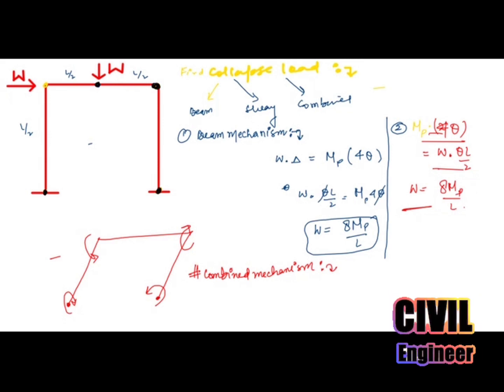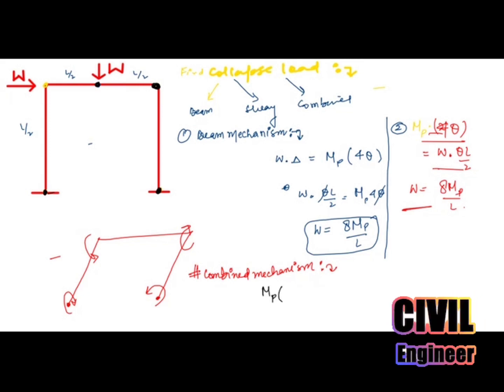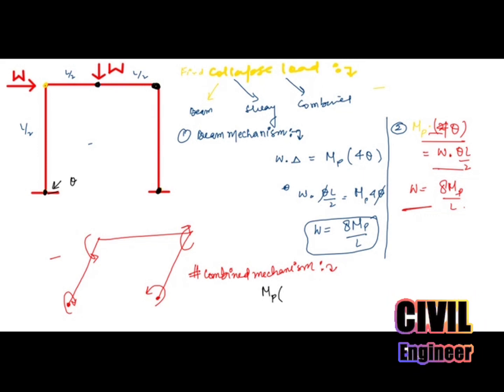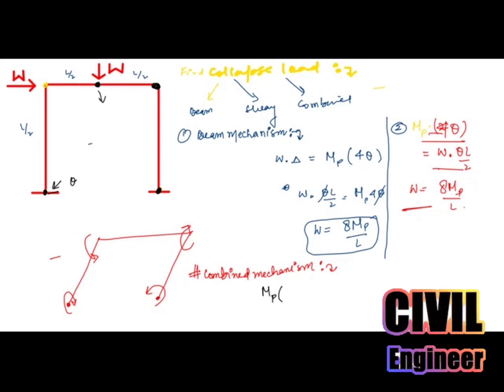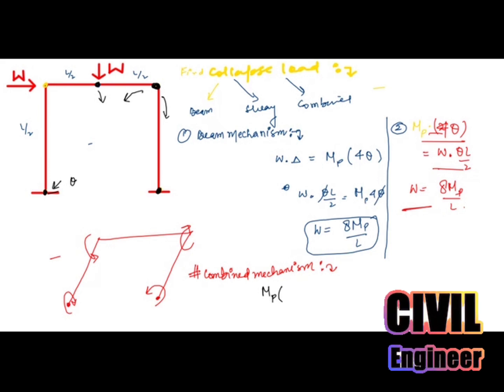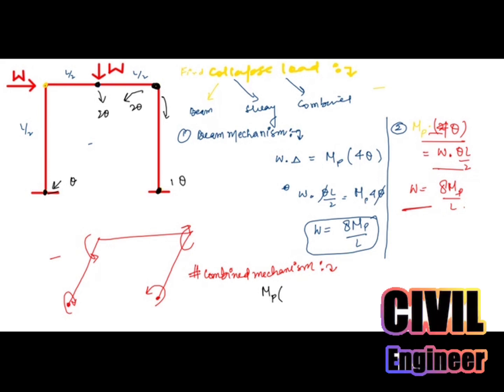So our MP times what? Here will be 1 theta, here will be 2 thetas, here will be 2 thetas, here 1 theta from this side and 1 theta from this side, and here 2 theta at this end and 1 theta at this end. So these will be 6 thetas.